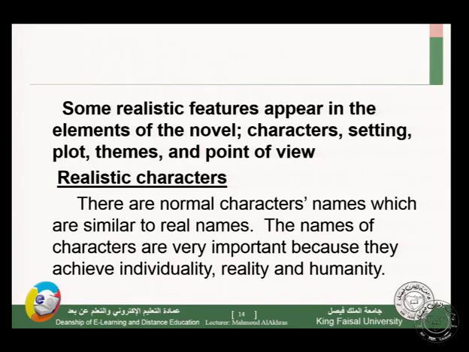The names of characters are very important because they achieve individuality, reality, and humanity. So we have a very important feature in characterization.